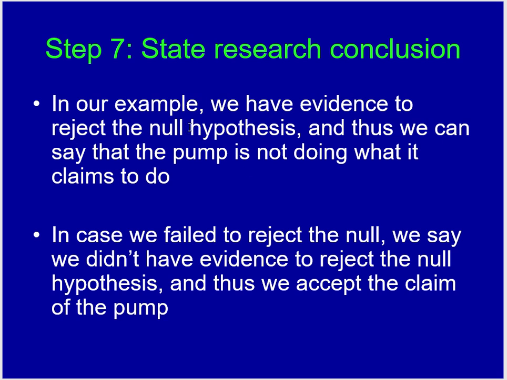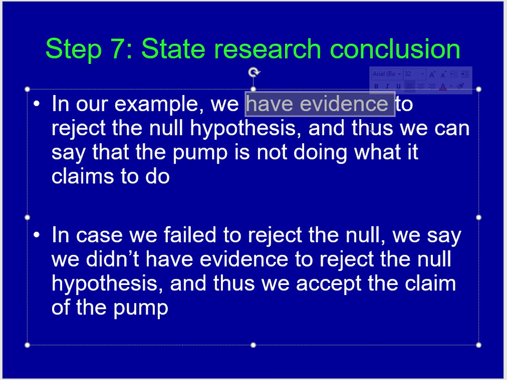Notice that I use the word evidence and not the word proof. In statistics, we do not prove anything, because a proof is a mathematical proof. Okay, x plus 1 equals 2, x is equal to 1. That is a proof. But in statistics, we're basing all our work on probability. We do not prove anything, we just have evidence.